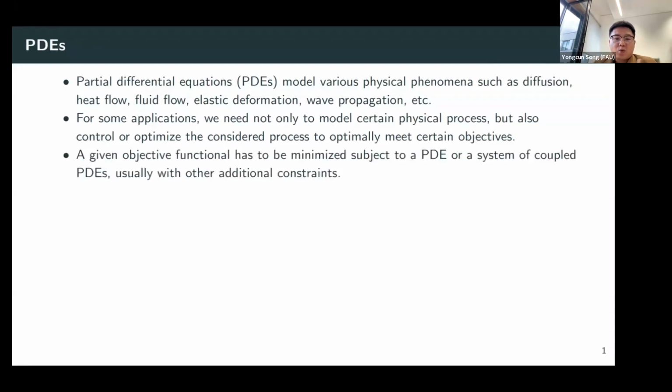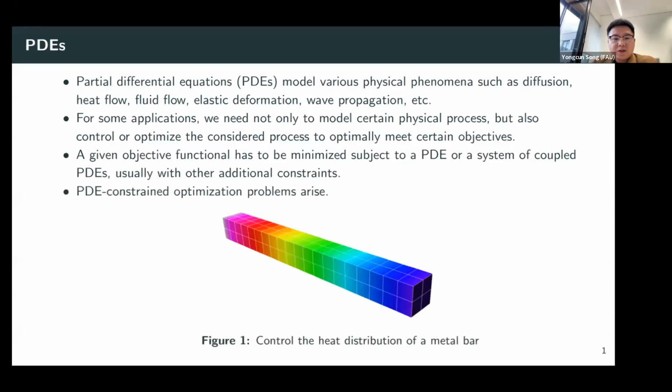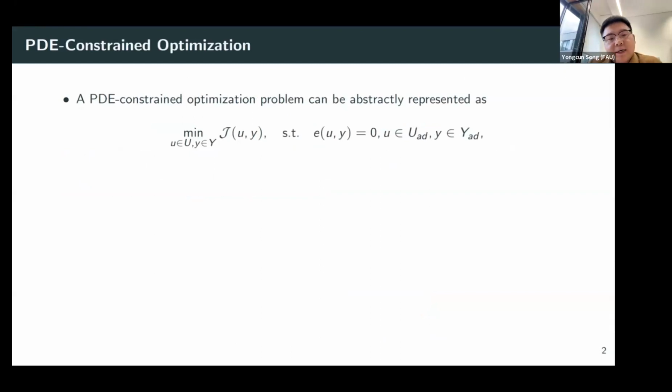So we need to minimize a given objective functional subject to a PDE or a system of coupled PDEs, and usually with some additional constraints. So PDE-constrained optimization problems arise. And here is an example of controlling the heat distribution of a metal bar.